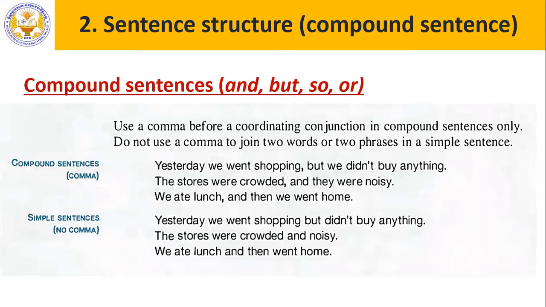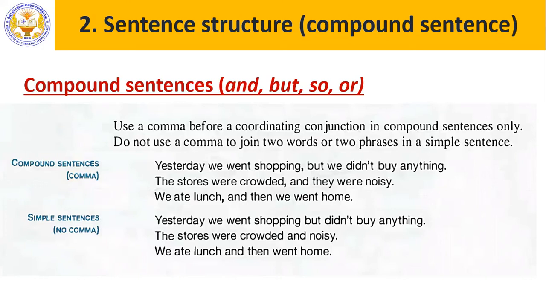Now let's look at some confusions that you could make when we use these coordinating conjunctions. Use a comma before a coordinating conjunction in compound sentences only. Alright? We use a comma and then a coordinating conjunction in a compound sentence.